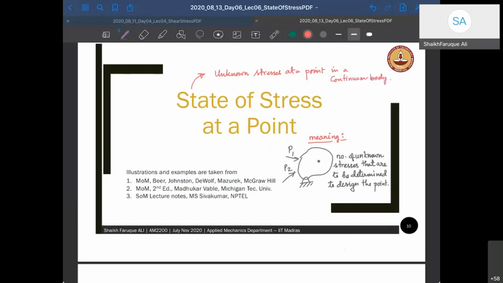It may not be the number only, it can be the number and the names also. When I say continuum body, it's a continuous body. A beam, a structural member, anything can be a continuum body.